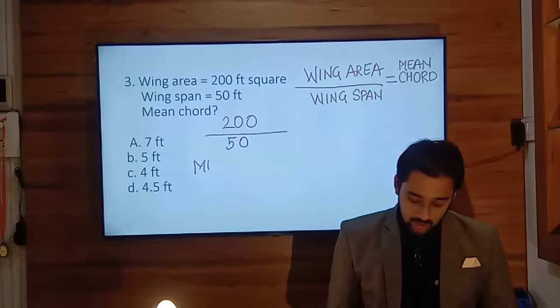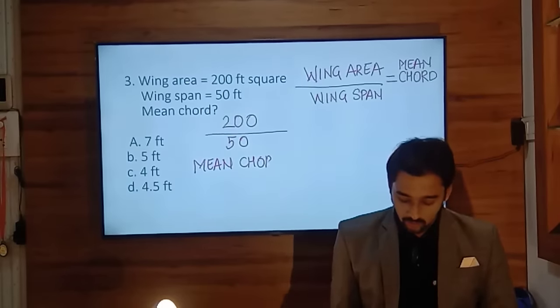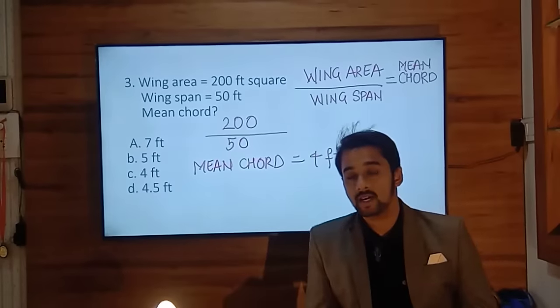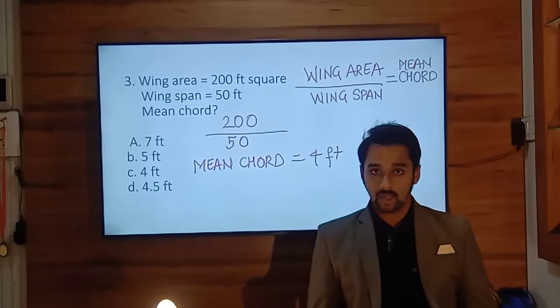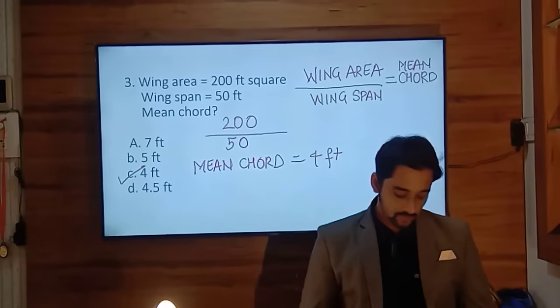So your mean chord will be equal to 4 feet. 200 divided by 50 is 4 feet. So the correct option will be option number Charlie.